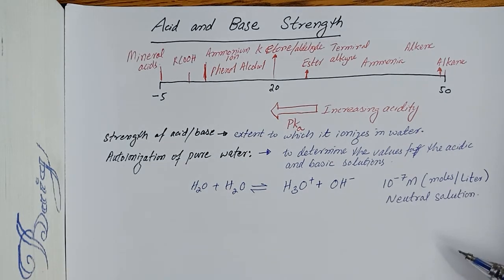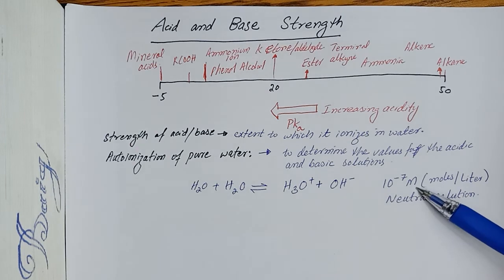If we add a compound that is more acidic than water, it can make the solution more acidic, whereas if you add a compound that is more basic than water, then it can make the solution basic.